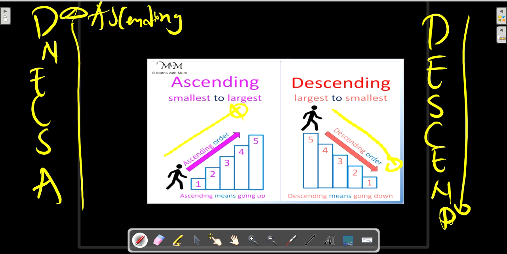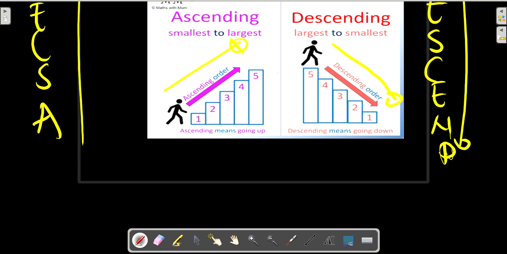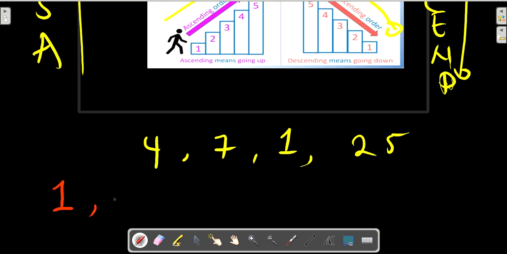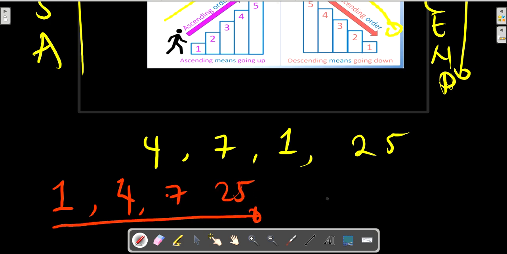So we can have a bunch of numbers that we want to arrange. For example, we could have four different random numbers. If we were to arrange these numbers in ascending order, it's going to be 1 first because that's the smallest number. The next numbers will be 4, 7, and 25 respectively, from the smallest to the greatest.